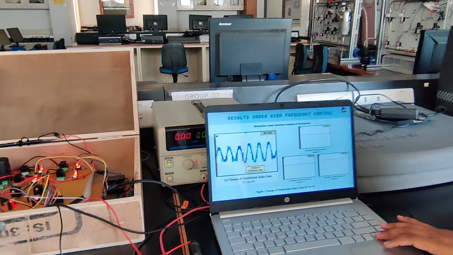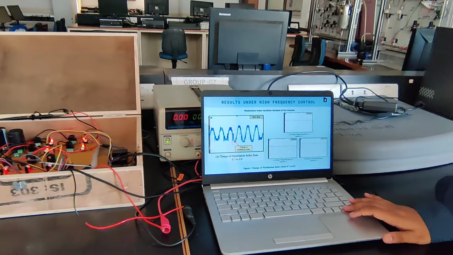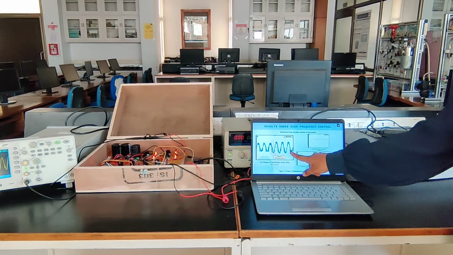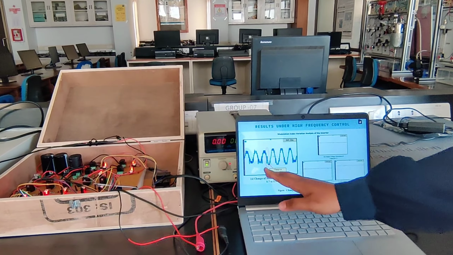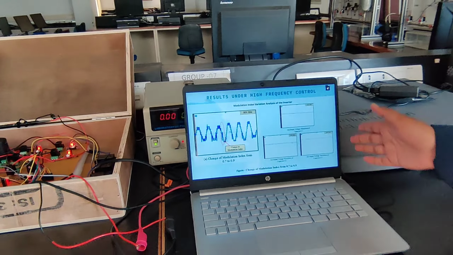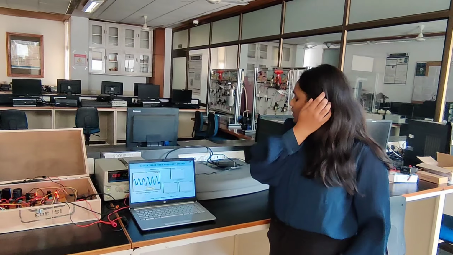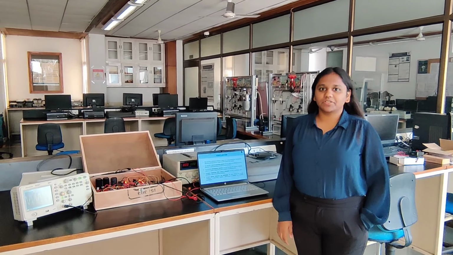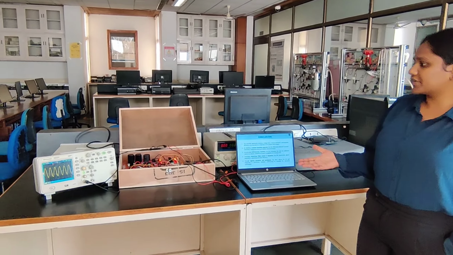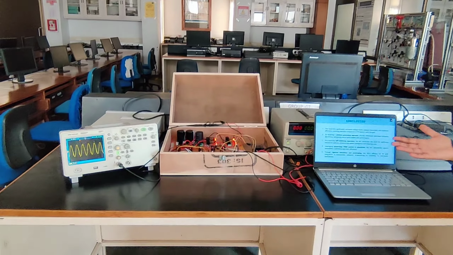Similarly, we have also conducted a change of modulation index settings from 0.7 to 0.9, where our voltage waveform goes from 7 to 9 level. Over here, we have also compiled the capacitor voltage waveforms.